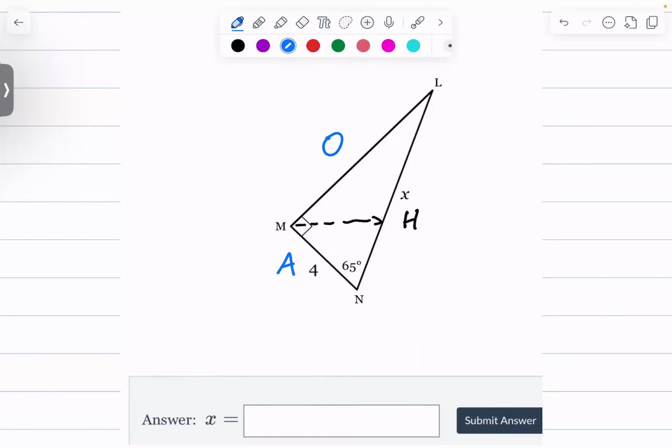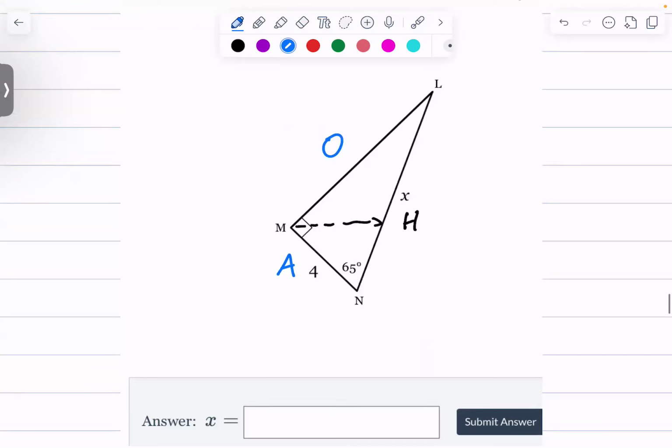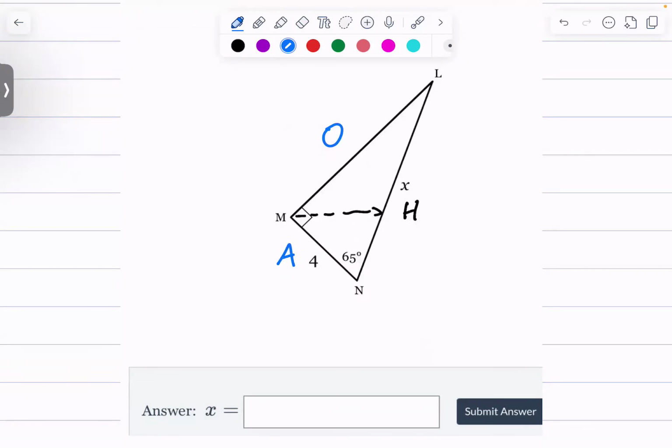Now, I want to figure out my x value. And I know my adjacent side. So I think to myself, what trig function deals with adjacent and hypotenuse? Cosine.